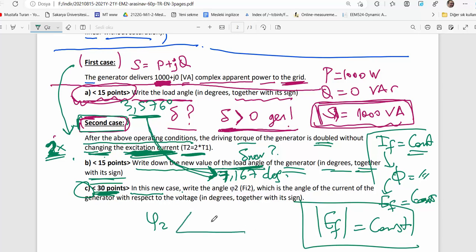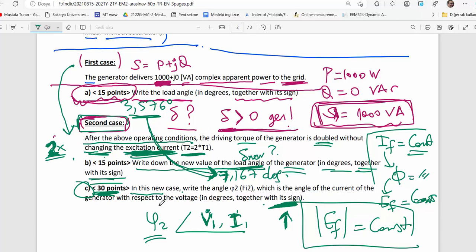Yes, we know phi is the angle of the current's position with respect to the reference, which is voltage, in degrees. And please take care of its sign, whether it is lagging or leading. It is important. Take care of the sign. Okay. It looks a bit difficult possibly, but there is only one choice to calculate current.